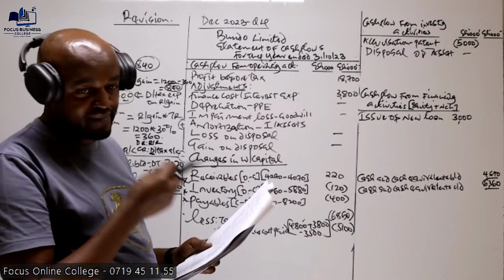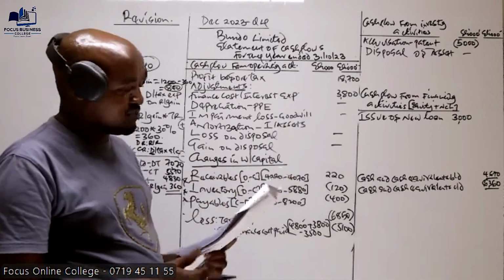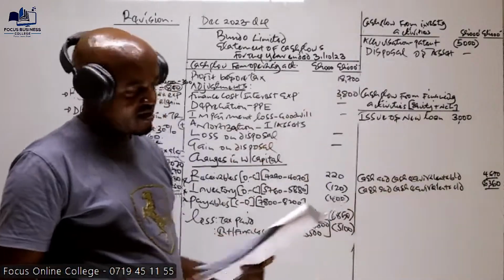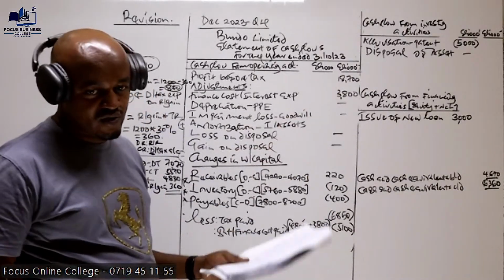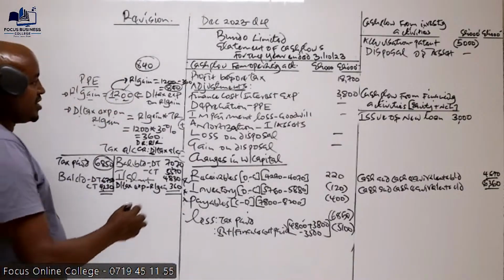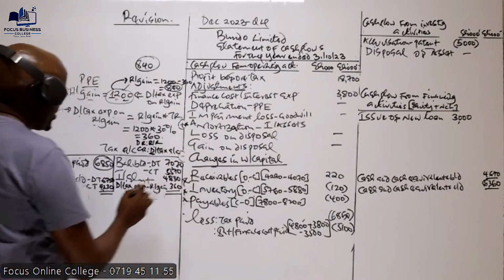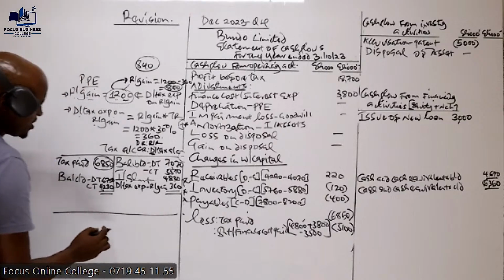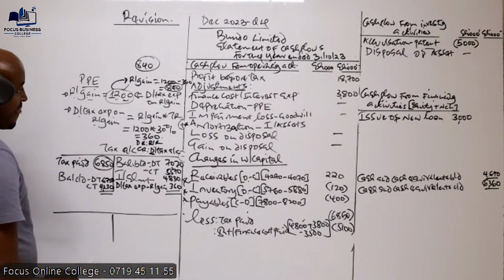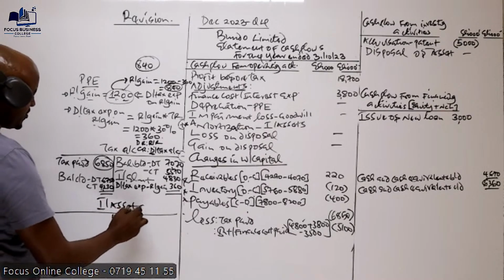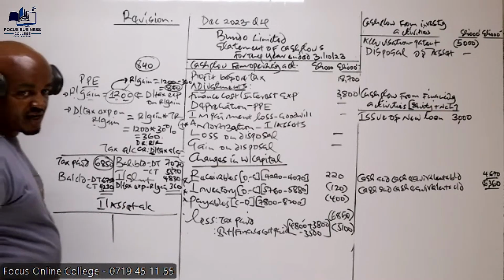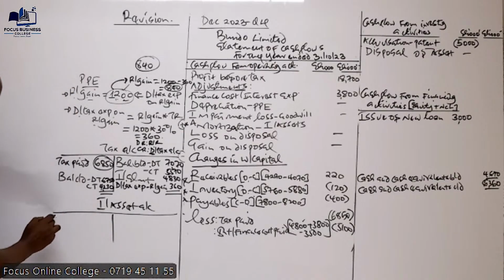acquired some patent, which you have said is an intangible asset, and we have recorded that there of 5 million. And then you're told any amortization of intangible asset has been included within admin. So I think in this case, we can compute this, because equally you have come across this in the other question. Now, for you to compute amortization for intangible asset, you prepare the intangible assets account. What do you record in this account?